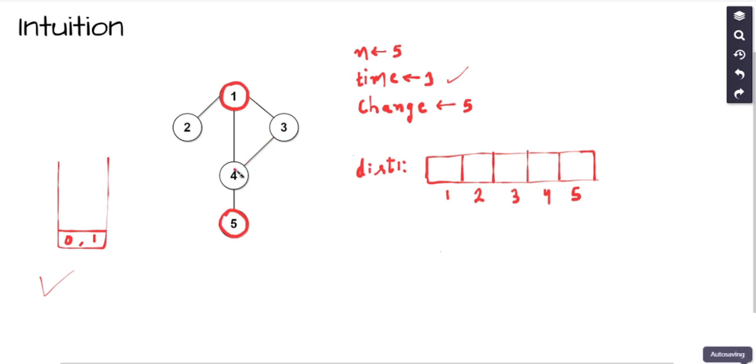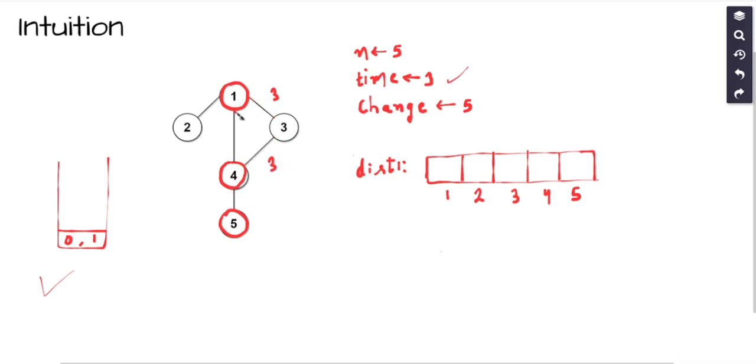Let's say I calculate the distance till node number 4 as 3 plus 3, as 6 minutes. I move from 1 to 3, then from 3 to 4. And till now this is the shortest distance. So I store 6 in my distance array. That is, I perform the relaxation over node number 4 through node number 3.